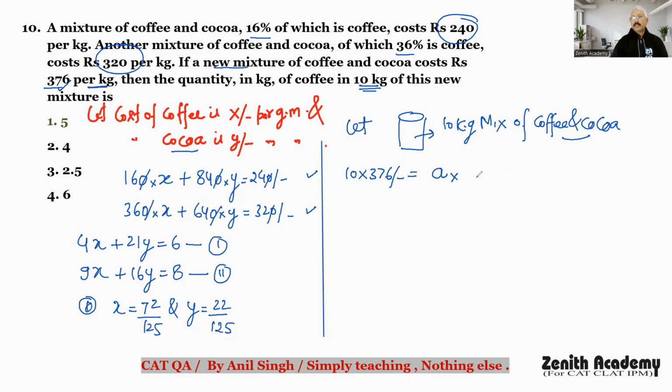So a into 72 upon 125. It is per gram, so multiplied by 1000.